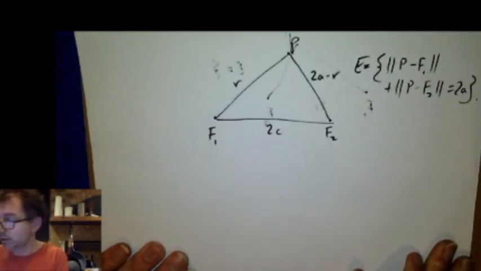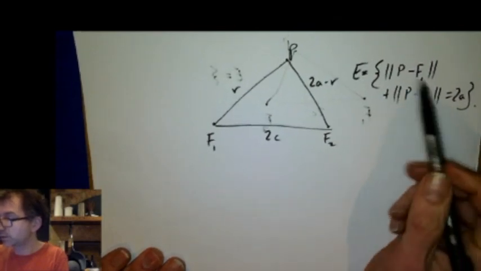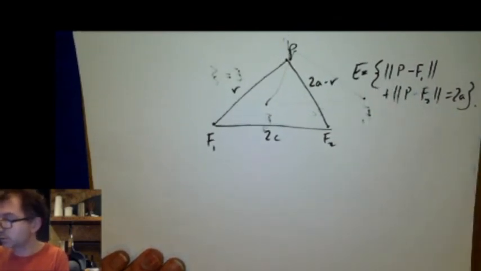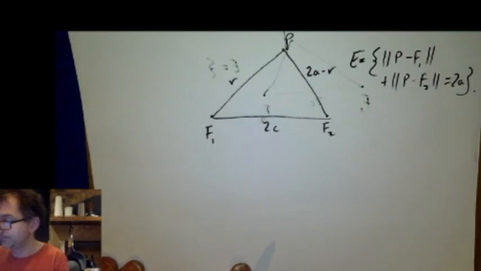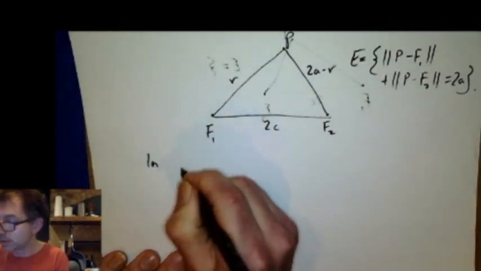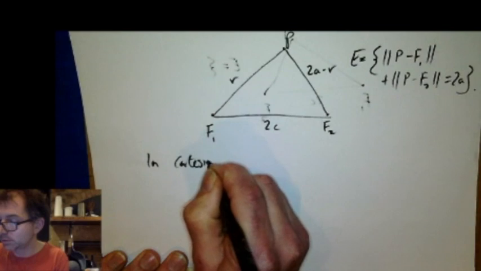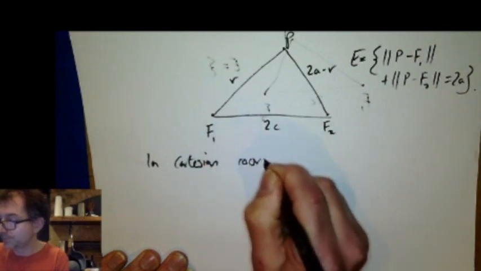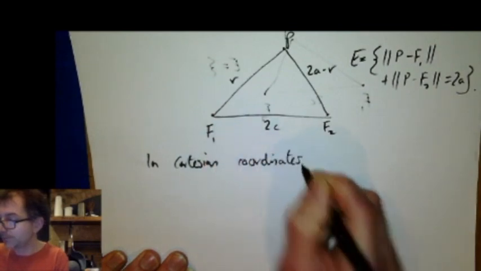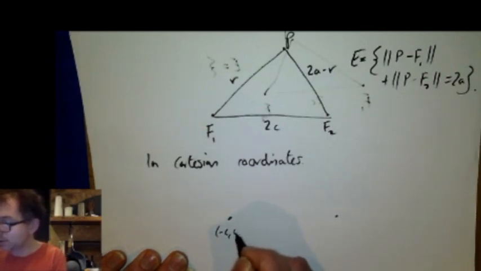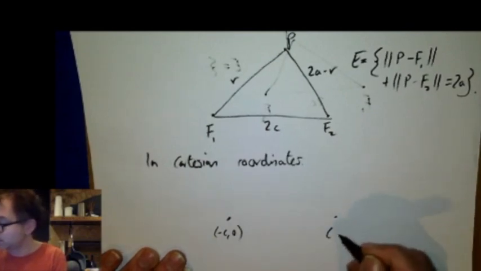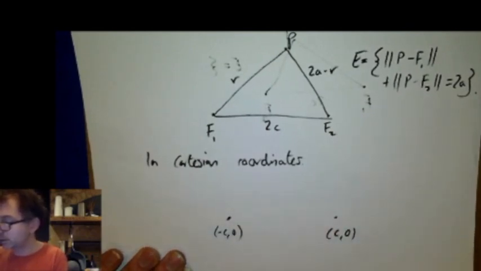We can do this in Cartesian coordinates, so that's a perfectly good description of the set of points on an ellipse, but we could write it in terms of x and y if we were to fix a coordinate system. So let's do that. So in Cartesian coordinates, I'll do this in a slightly different way. I will take F1 to be (-c, 0), F2 to be (c, 0). That does give me my 2c distance there.